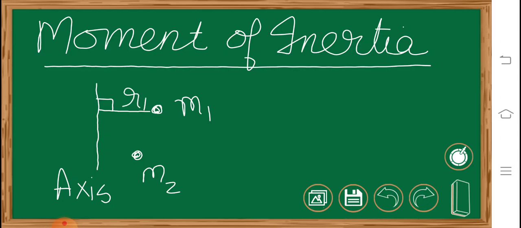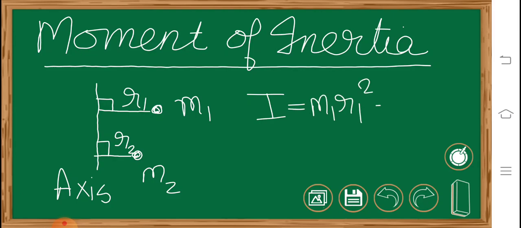Suppose it comes out to be equal to r1, and then we find the perpendicular distance of the second mass from the axis, and suppose it comes out to be r2. So the moment of inertia will be m1 r1 square plus m2 r2 square.